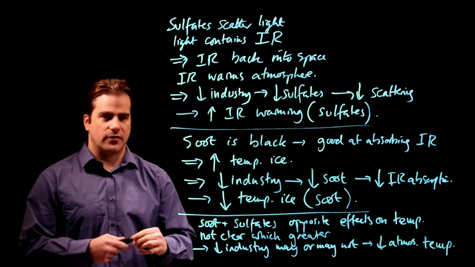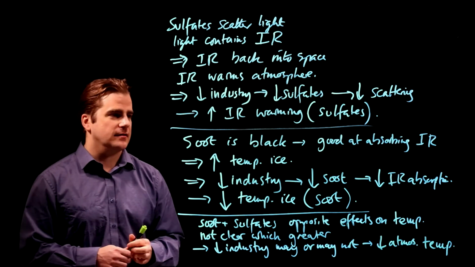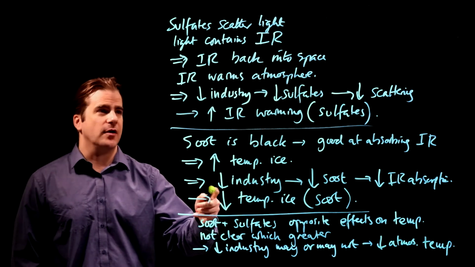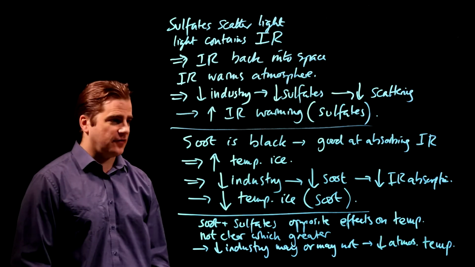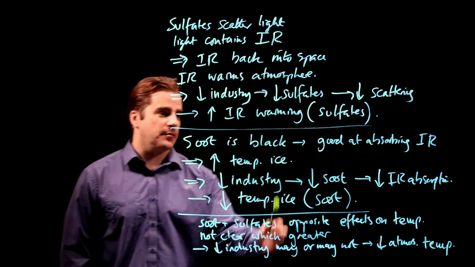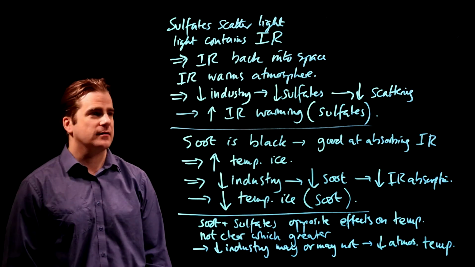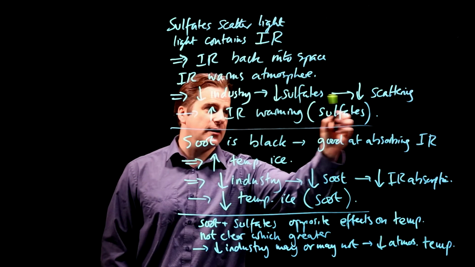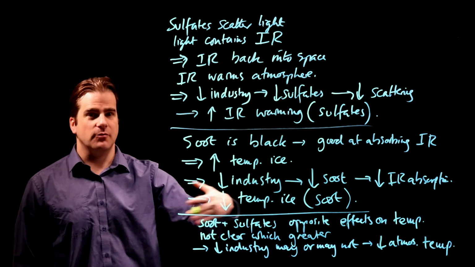That's how to approach these sort of agonizing mini essay 6 markers. Okay, get down on the paper the obvious. IR warms atmosphere. Okay, soot is black. Then use your knowledge. Black things are good at absorbing IR. And then write things out, make it obvious.